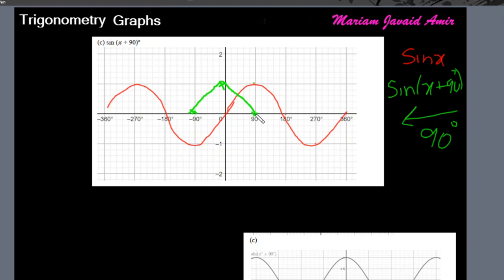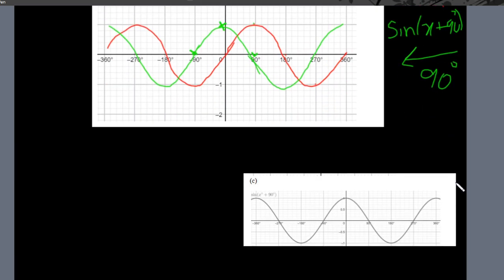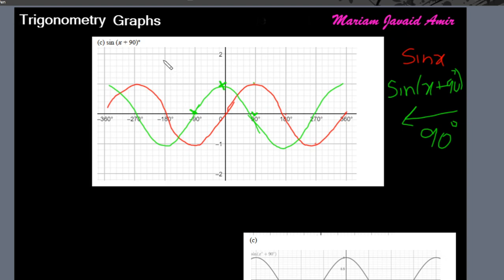It should be a curved graph. Okay, and then continue it from here. So this is the graph for sine x plus 90. Plus means move left 90 degrees.